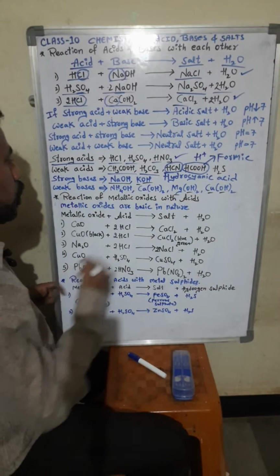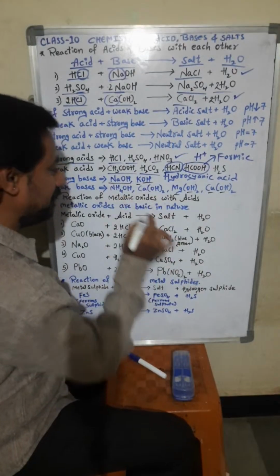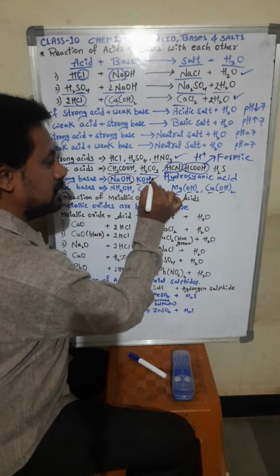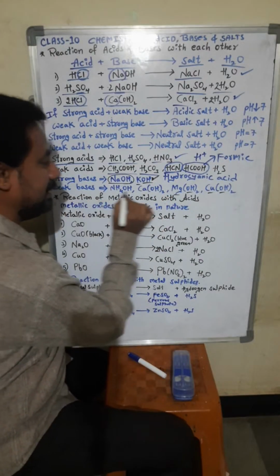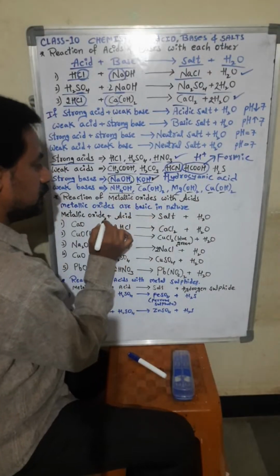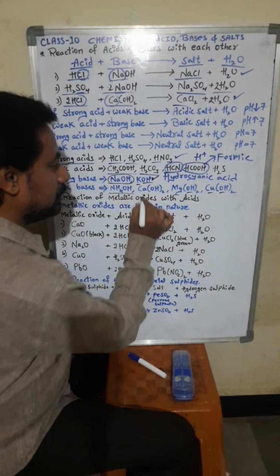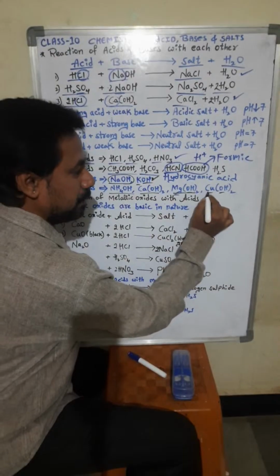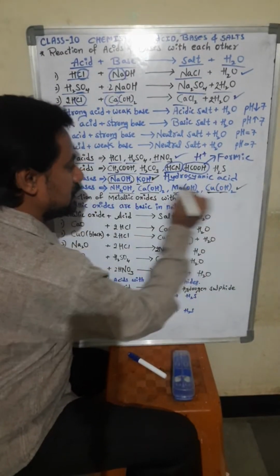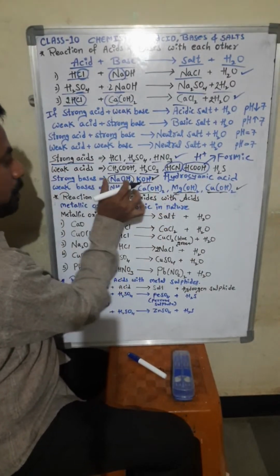Sorry. Strong bases are only two I have written here. NaOH, sodium hydroxide, and potassium hydroxide. These are strong bases and these all are weak bases, students. NH4OH, ammonium hydroxide, calcium hydroxide, magnesium hydroxide, copper hydroxide. These all are weak bases. These two are strong bases.